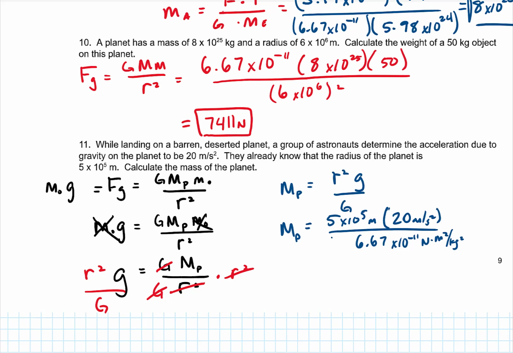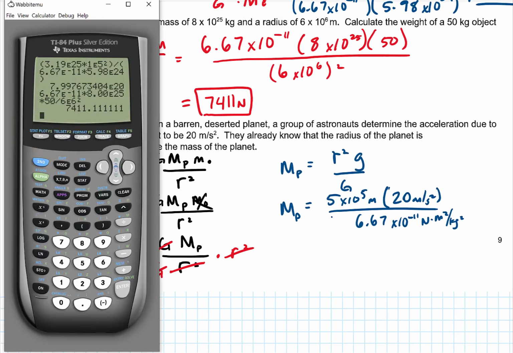So we'll put that into the calculator, and I guess I'll show this one. So for this one, it's going to be 5 second E, that's what we do for times 10 to the 5th, times 20, divided by, close parentheses, well, there's just one number. Still do it. 6.67 times 10, second comma, to the negative 11th.